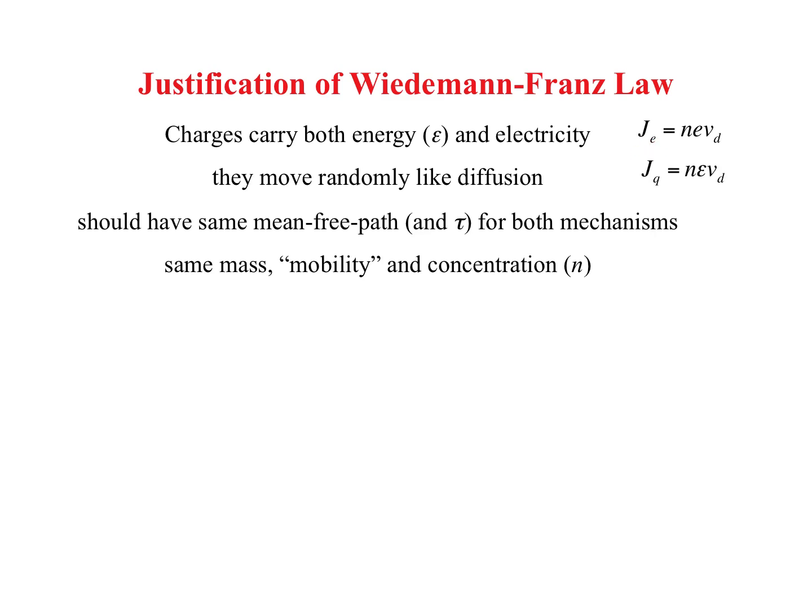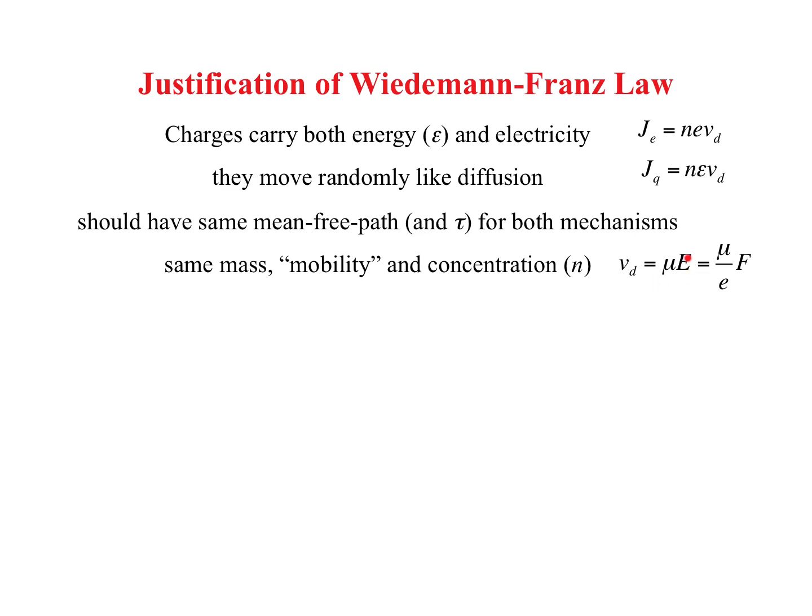Similarly, we can describe the heat flux of these electrons, J sub Q, as the density of electrons times the excess energy that they carry and their drift velocity for transporting energy. Now, since the same electrons are carrying both charge and energy, they should have the same mean free path and tau, as well as the same mass and mobility and carrier concentration for both mechanisms.